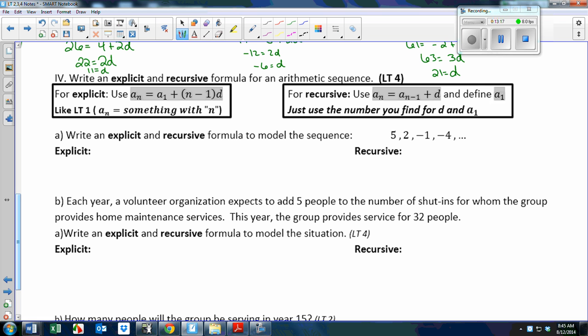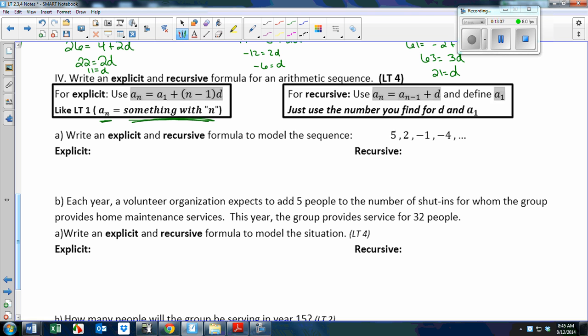For explicit, well, there it is again, the same formula we've been using all day. You're going to, like Learning Target 1, write a formula that has a sub n and something with n in it. And the only thing you need to do is identify a sub 1 and identify d and put them in.